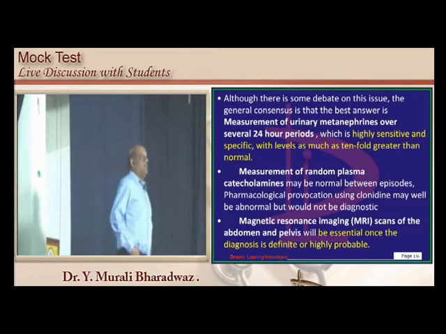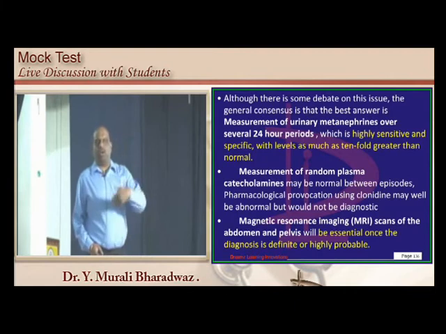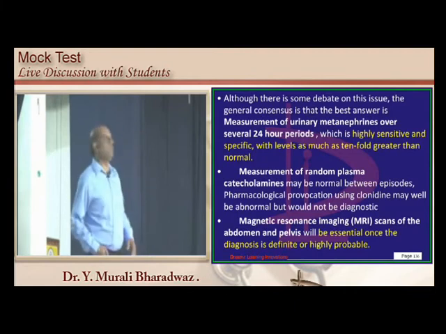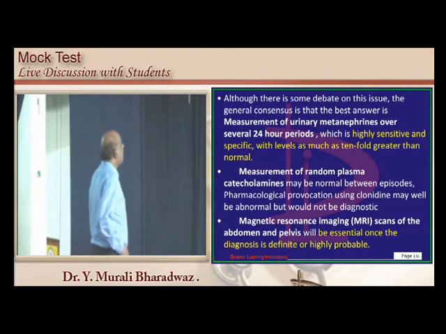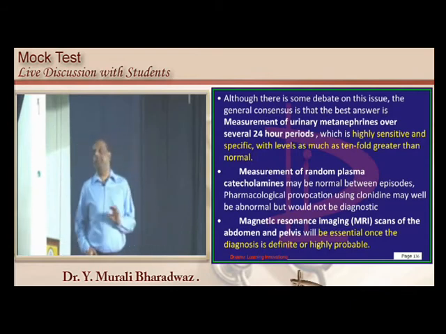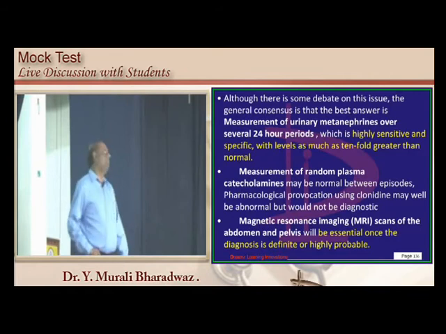Whereas random plasma catecholamines are not good because they can be normal between one flushing headache episode and the other. MRI is typically indicated only once the diagnosis is definite or highly probable. Then only is MRI indicated in a patient presenting with hypertension where you are suspecting pheochromocytoma.